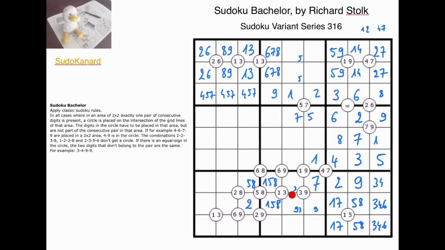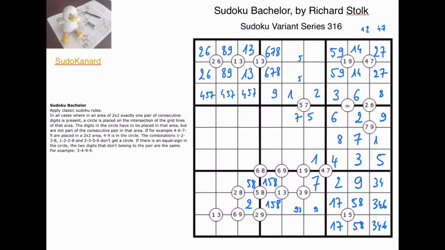8 in here wouldn't work because if I put an 8 here, well, it's consecutive with 7, so it has to be a 6 from the beginning. So we get a 6, and it will be here to be consecutive with 7.